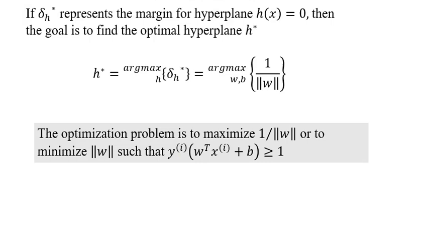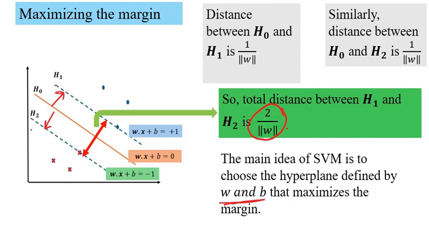And if we call this delta H star the margin for hyperplane H star, where H star equal to 0 is nothing but Wx plus B equal to 0.